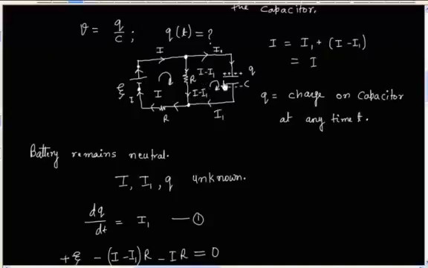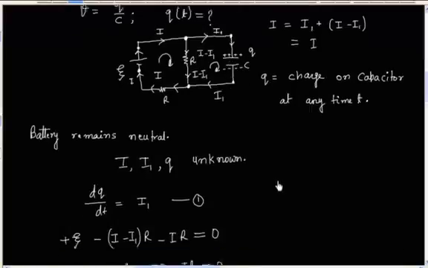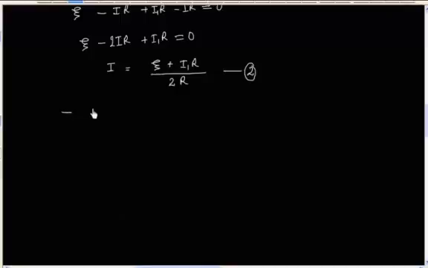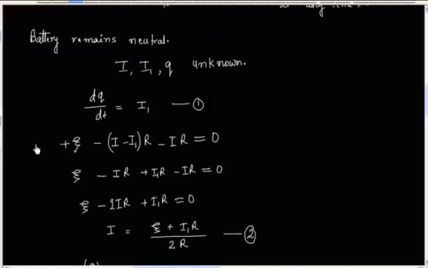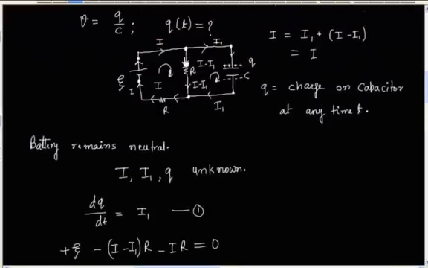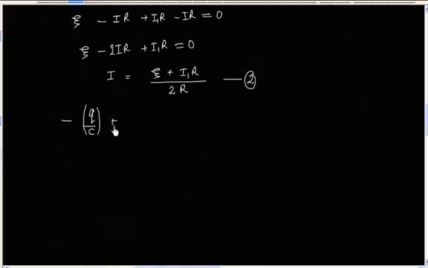Now we can write one equation through this circuit. So let us start from here. I am going from the positive terminal to the negative terminal, that is, higher potential to lower potential, so we will have a negative sign, and the potential difference across the capacitor is Q by C. And here I am going opposite to the direction of current, so we will have a plus sign. So this is the third equation.